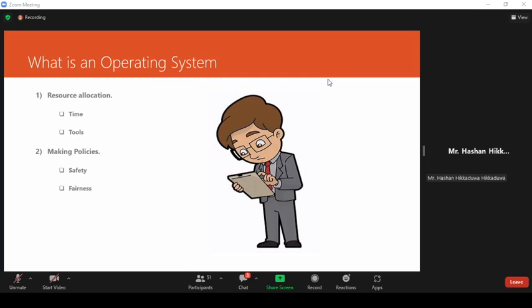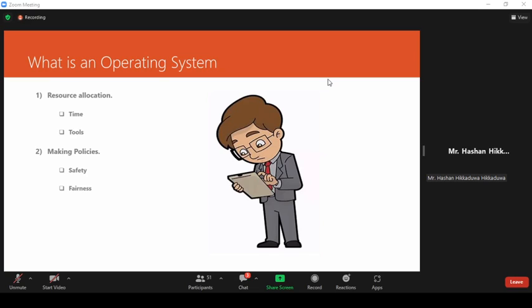Now, for example, if you take two workers, we need to treat them fairly. If we allocate someone an 8-hour shift, we also need to give other workers an 8-hour shift.